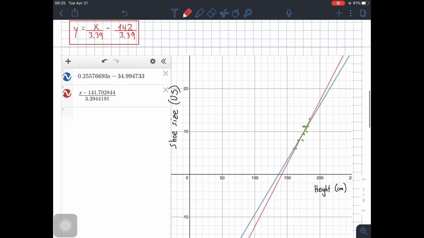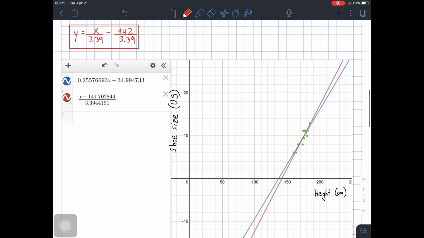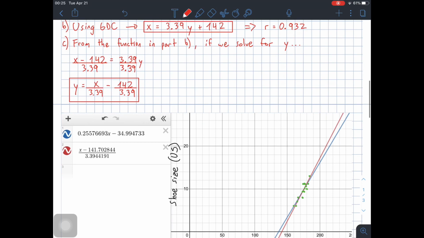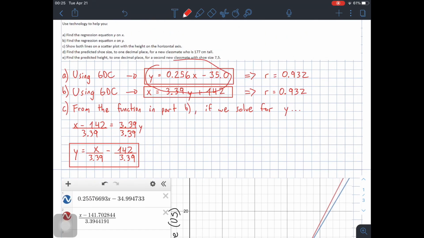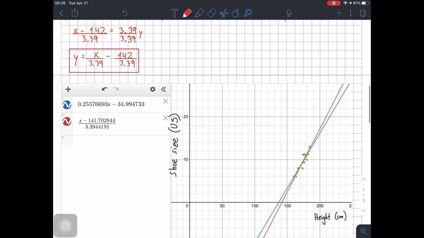So it's a common mistake, as I told you before, to use this equation to predict x values when we're given y values. And it is a common mistake to use this equation to predict y values when we're given x values. So that's something that you need to pay attention to, because you will get slightly different answers if you apply the wrong equation, okay?